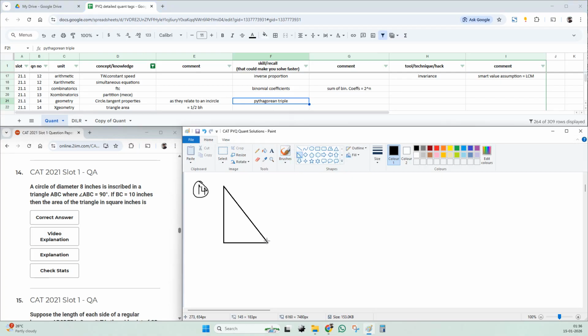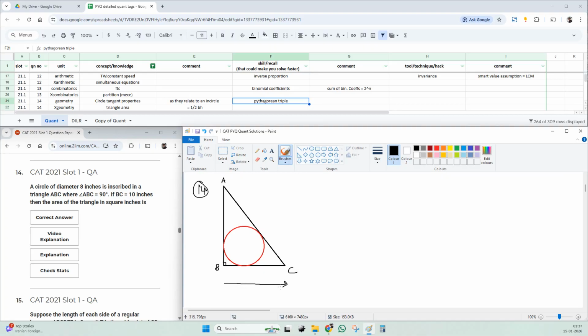So we have a right triangle and we have a circle inside. This right triangle is ABC, right angle at B. What we know is that, okay, B is 90, that's fine. BC is 10.